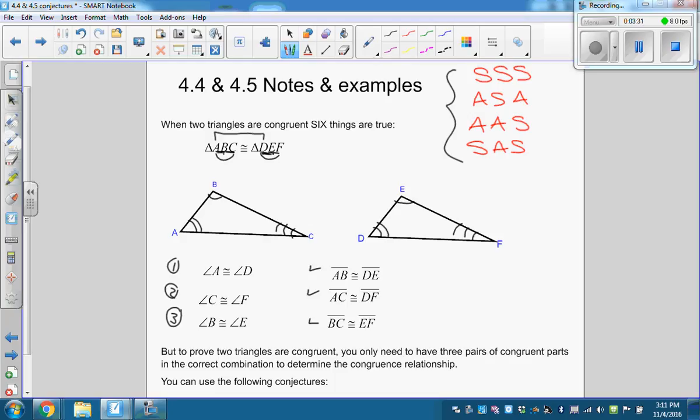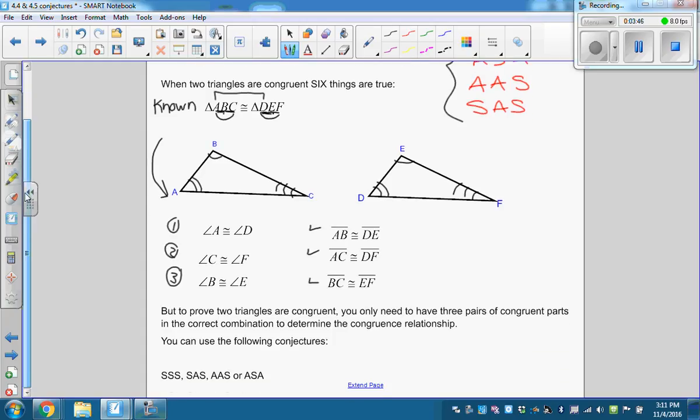In other words, if this is known here somehow, then all 6 of these things are things we can conclude. Does that make sense? But that's not efficient to work with 6 things when you can work with 3 things.